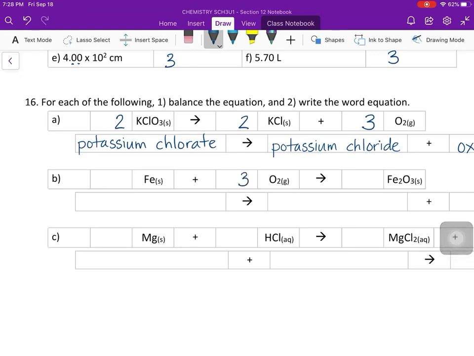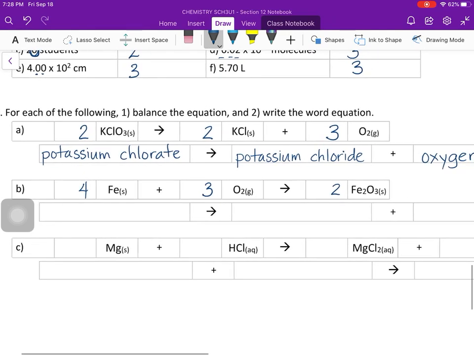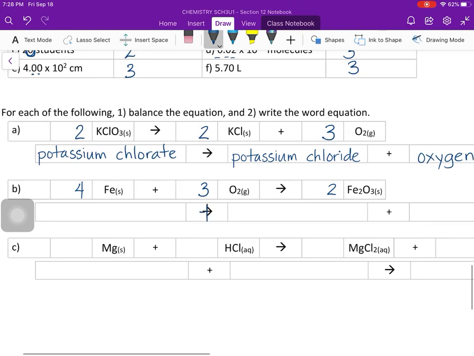So 3 groups of 2 here, 2 groups of 3 here, so that'll give me 6 oxygen on both sides. I now have 4 iron in my products, and so I'm going to need 4 iron in the reactants. Oh, and I made a mistake here. This should be a plus, and this should be our arrow.